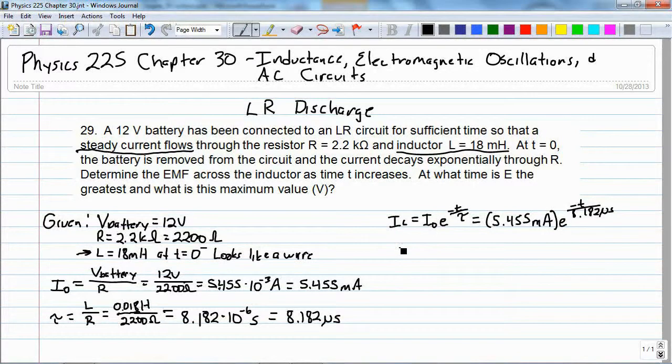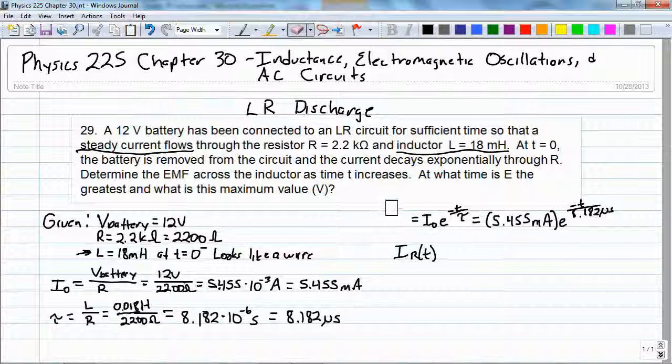And the current through the resistor as a function of t, actually, I forgot to write I_L as a function of t.